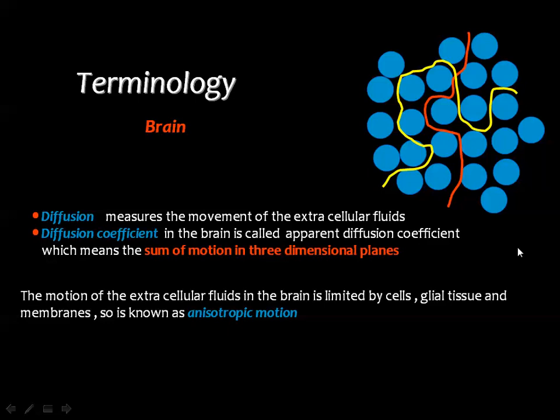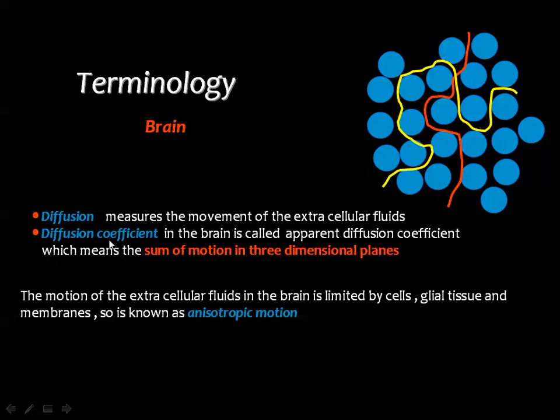And because this movement is random and is obstructed to some extent by the presence of cells, glial tissue, and the membranes, this motion is known as anisotropic motion or anisotropy. So diffusion measures the movement of the extracellular fluids in the brain tissue.